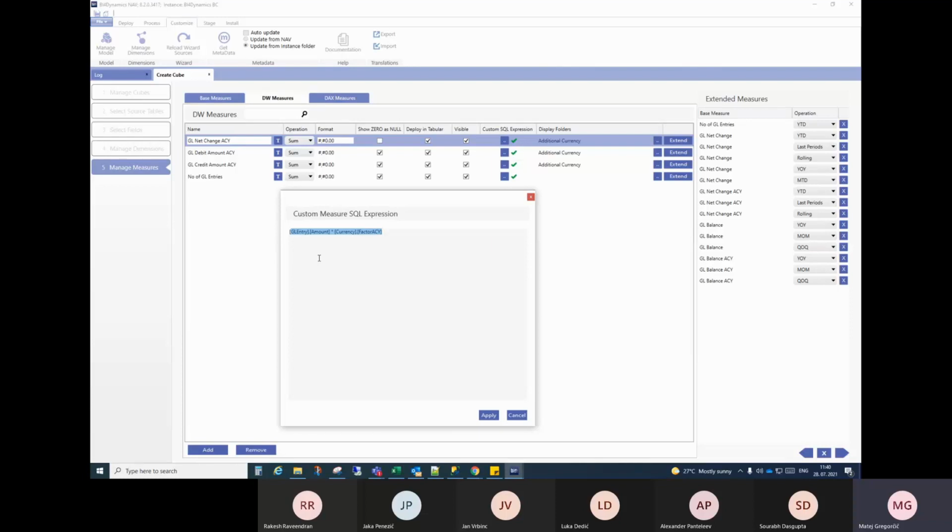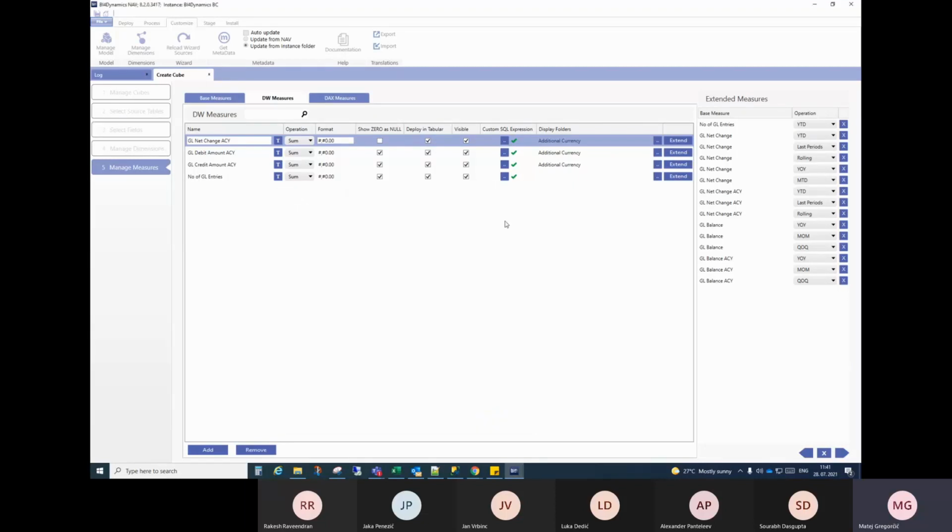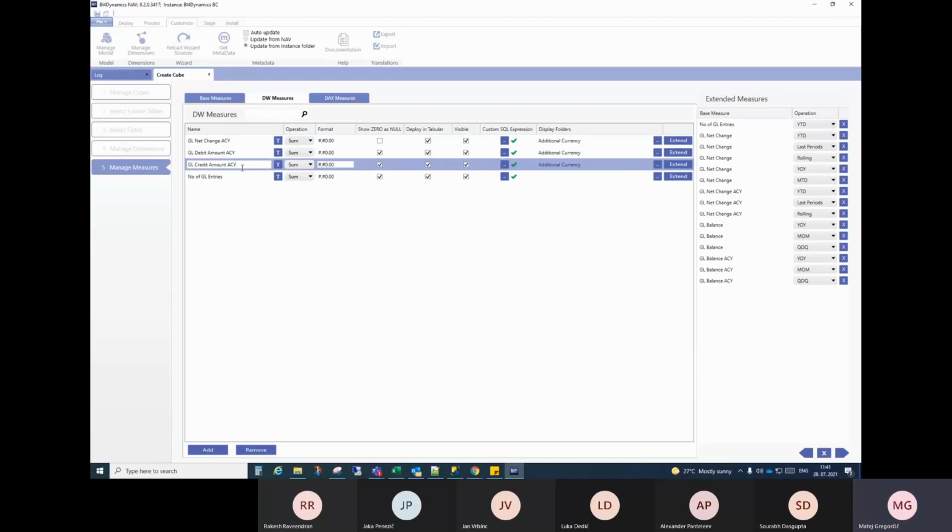Now, additional currency will be the one that we have selected in the first meeting when we selected the companies. Okay, when we selected the additional currency, this will be taken into account and we will create a new measure. So to recap, a data warehouse measure is something that we create out of a base measure and calculate on the data warehouse. So that's why it's a data warehouse measure.